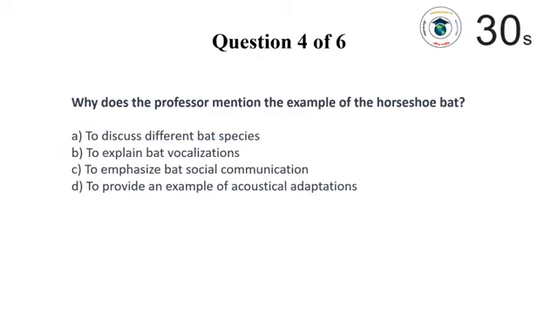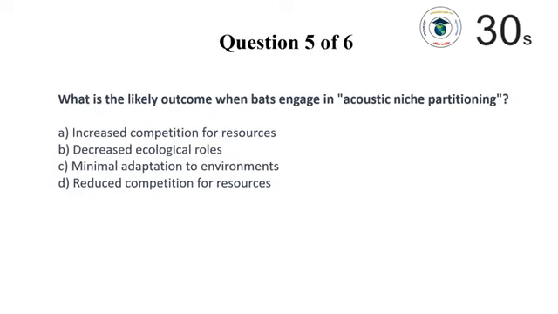Why does the professor mention the example of the horseshoe bat? What is the likely outcome when bats engage in acoustic niche partitioning?